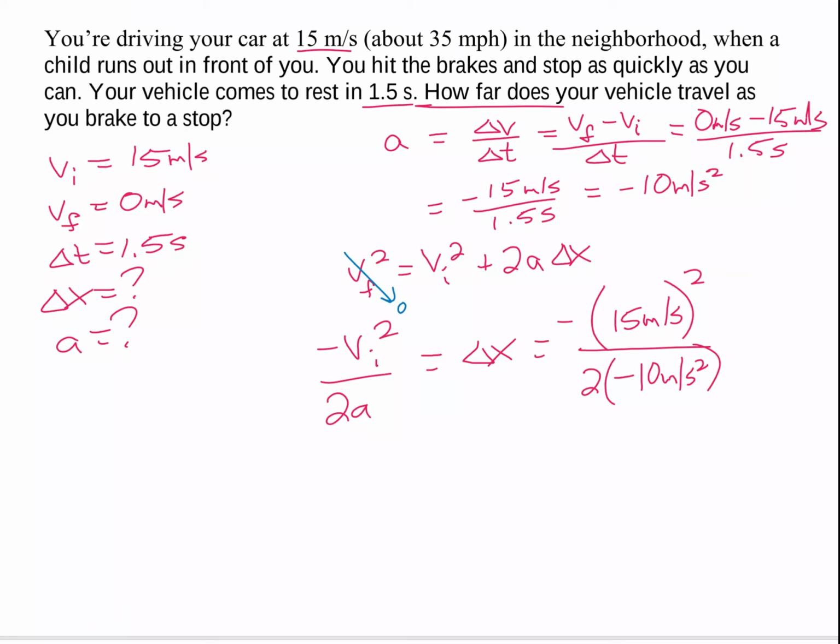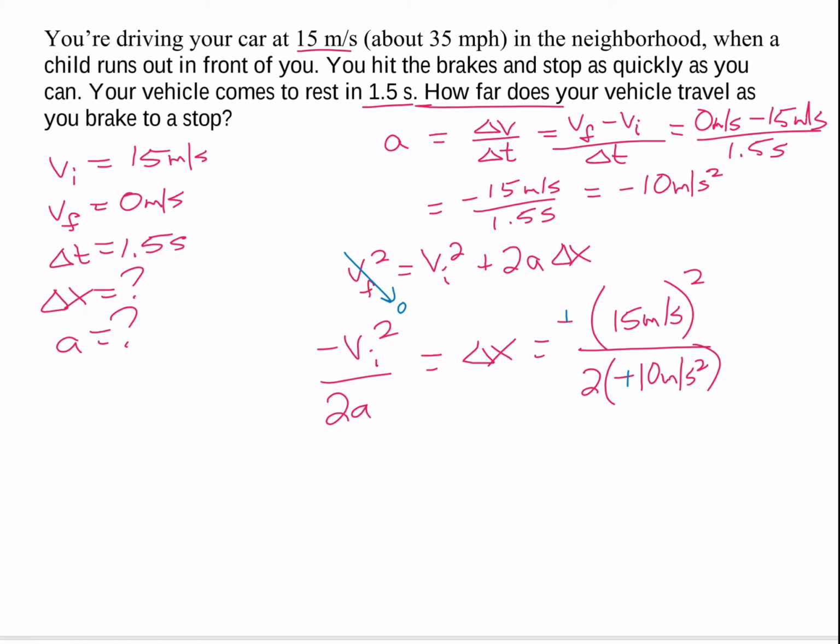Now, sitting here, I don't want to just jump on my calculator. I want to try to simplify this. I notice that I have a negative on top and a negative on the bottom. So negative divided by negative turns positive, so I don't have to worry about the negative sign anymore. I have 15 being squared. If you don't know what it is, no problem. I have 2 times 10, which is 20.